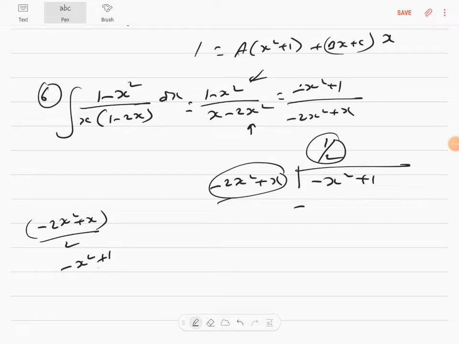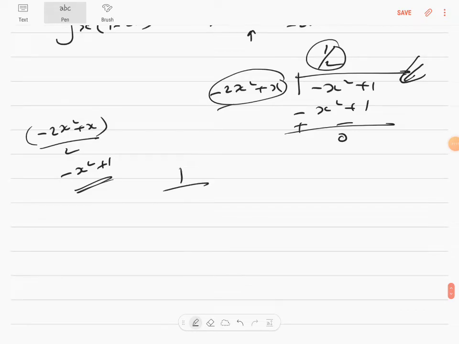So you divide the numerator by the denominator by the long division method, and you write quotient plus remainder by divisor.